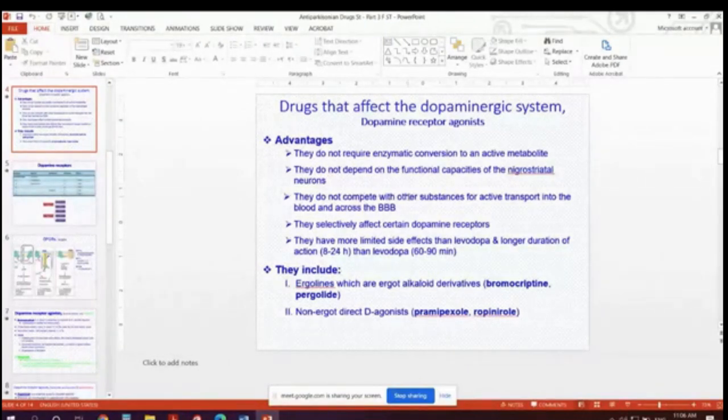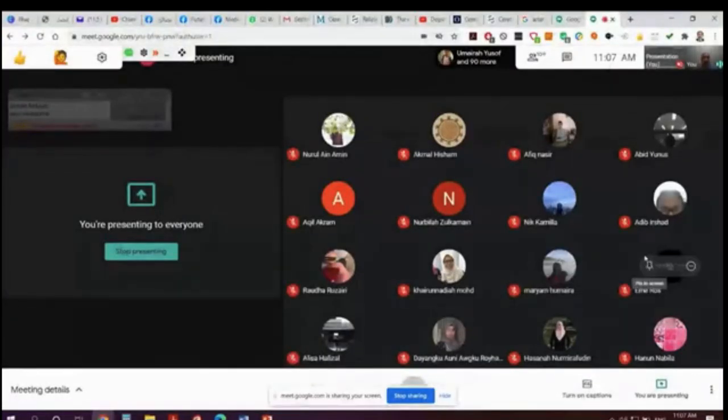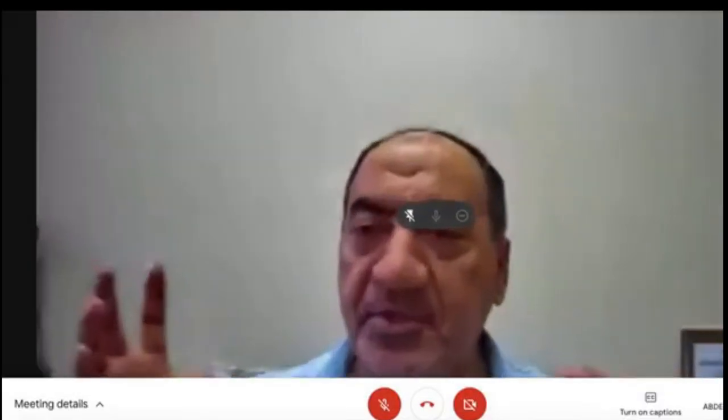There are advantages of dopamine receptor agonists. We already mentioned them here. But dopamine receptor agonists are like a substitute teacher. So the teacher is not there.